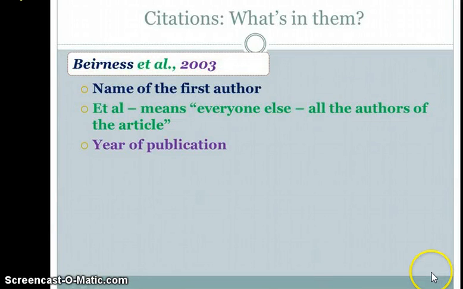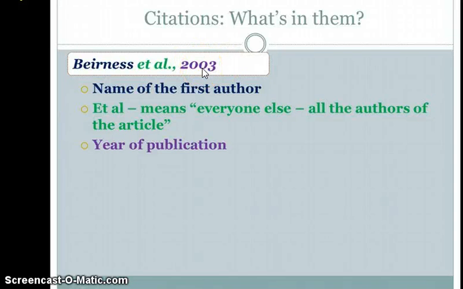So if we look at a citation, we want to see what's in it. First of all, it starts with Bearness. That's the name of our author, the first author. And then we have et al. Et al. means everyone else, all the other authors of the article, because otherwise we'd have a long list of authors, and this makes it shorter.